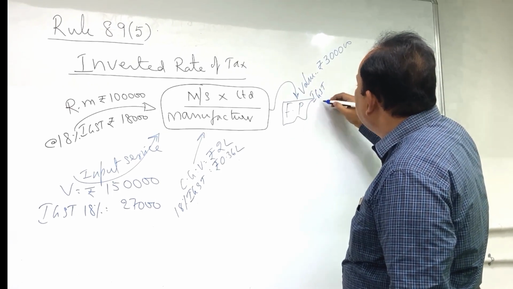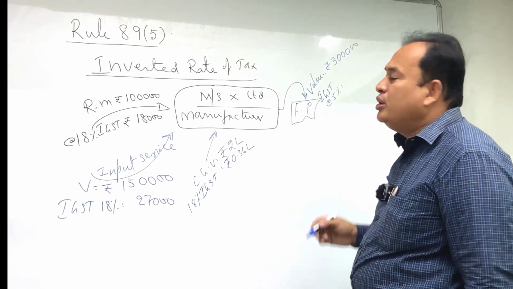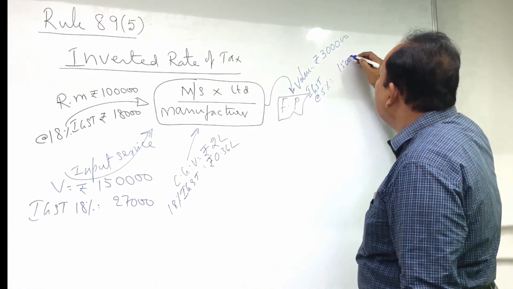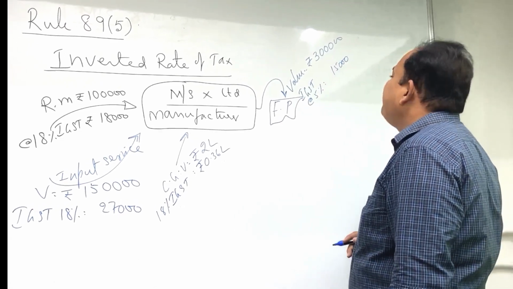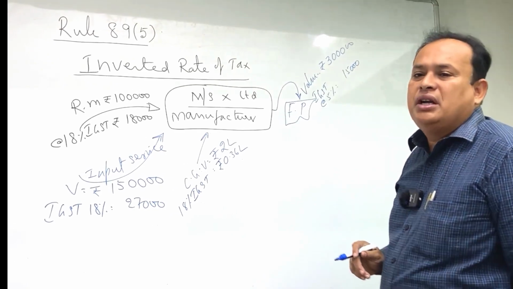Let us say IGST, for example. I am taking the IGST as a base, sir, simple. It can be taken as CGST also. Now 5%, which is 15,000 a month. Correct? 5%, 15,000. Now listen here.